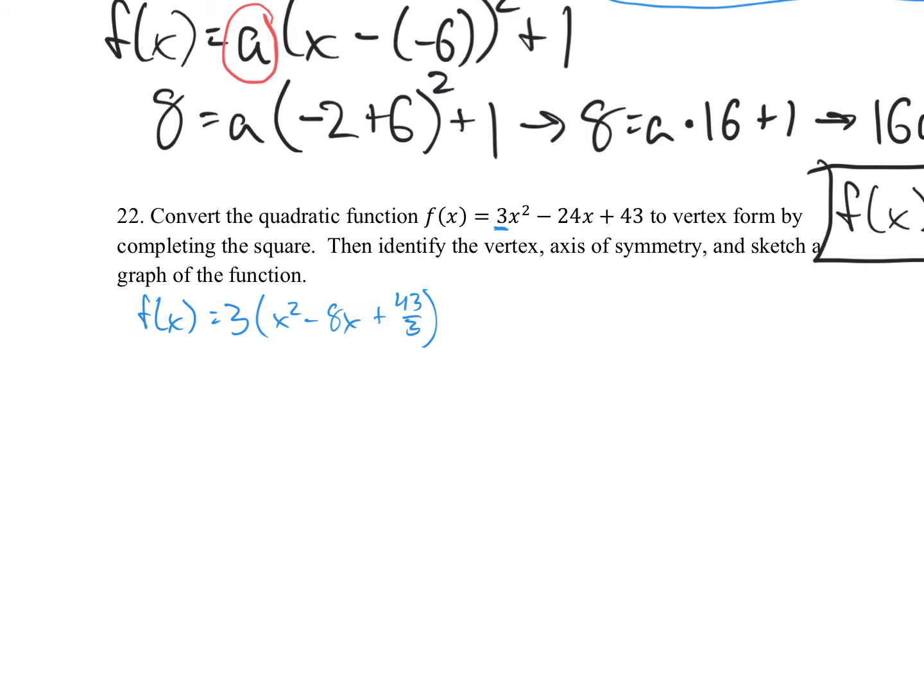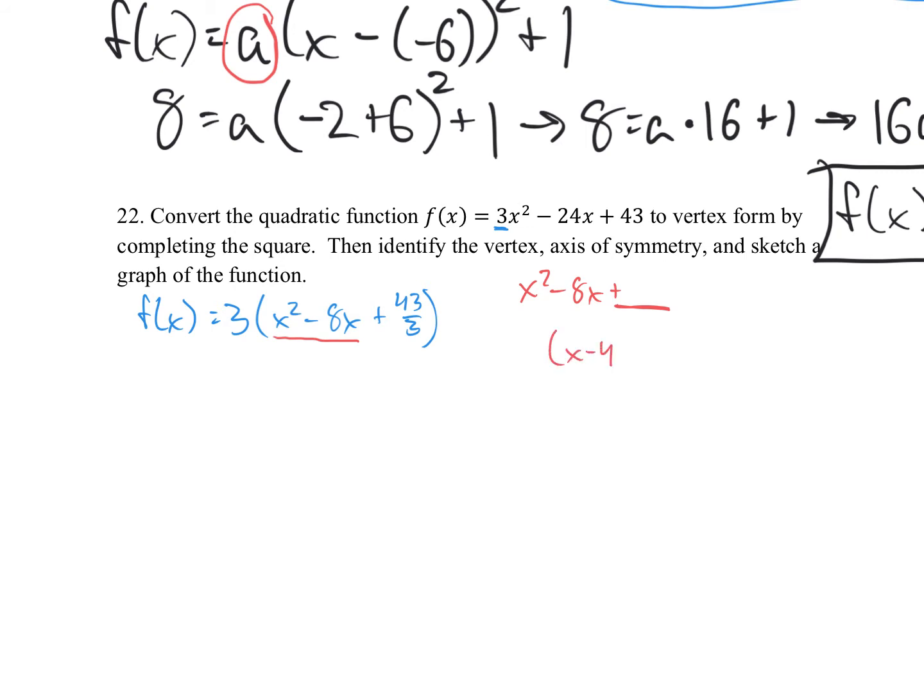So the important stuff that we want to pay the most attention to right now is this x squared minus 8x. So if we take that x squared minus 8x, what would we have to have here in order to make it a perfect square? So for x squared minus 8x, if we divide -8 by 2, we get -4.